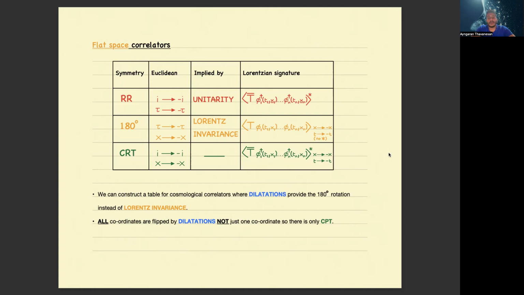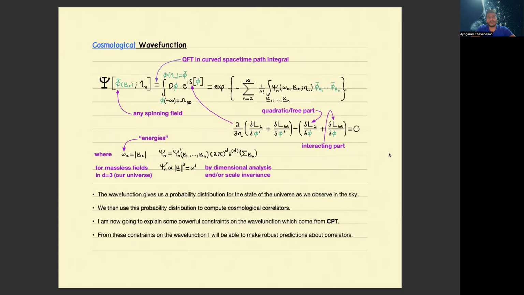And so there's not just one spatial coordinate flip, and you always have CPT in cosmology. So the observable that I'm going to focus on is specifically the cosmological wave function. The cosmological wave function is a probability distribution for the state of the universe as we observe it in the sky.